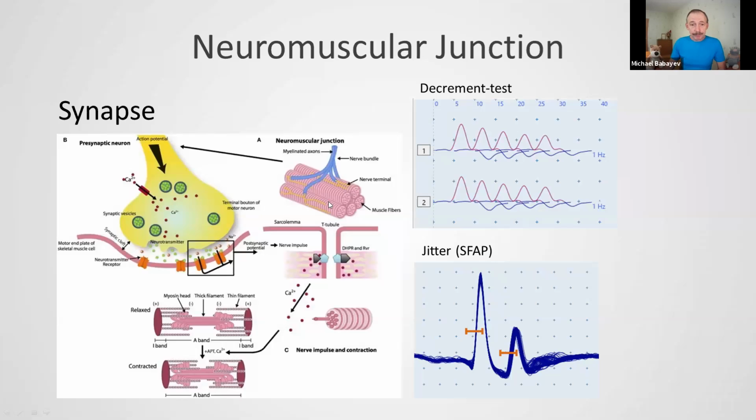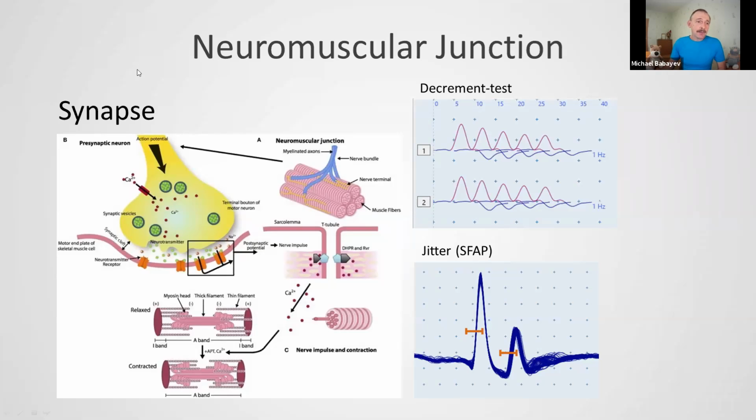And between the terminal of the nerve fiber and the muscle fiber, we have a system called the synapse. It is a very strange system because it works not on electrical but on chemical reaction.